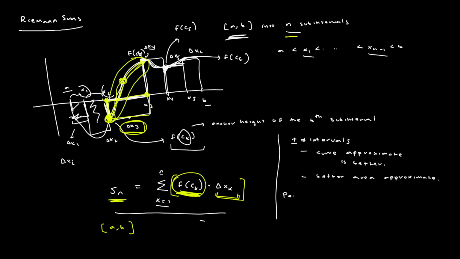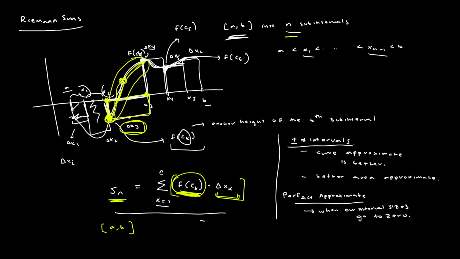The perfect approximate is when our interval sizes go to 0, right? Because I said that the curve approximate is better as we increase the number of intervals.